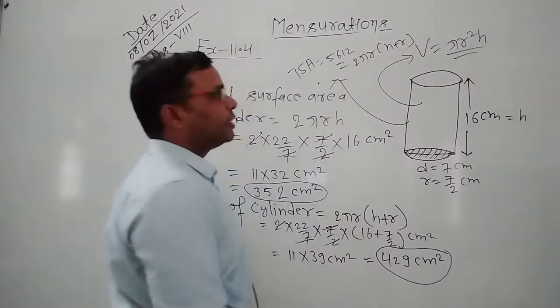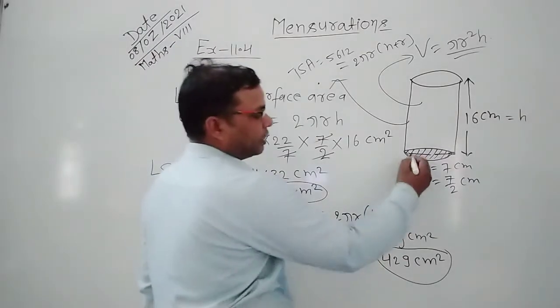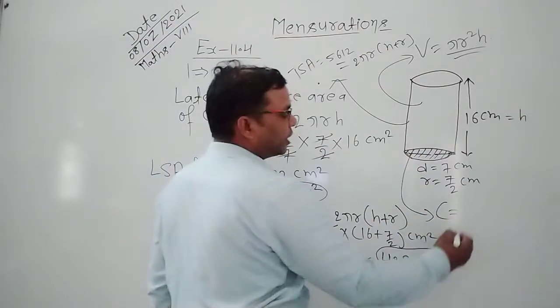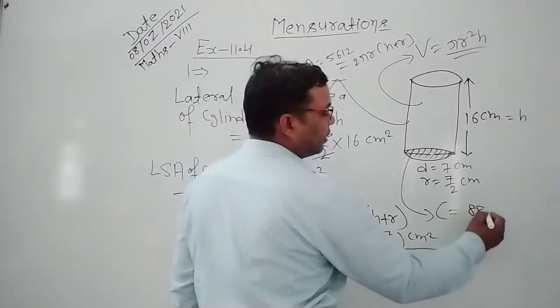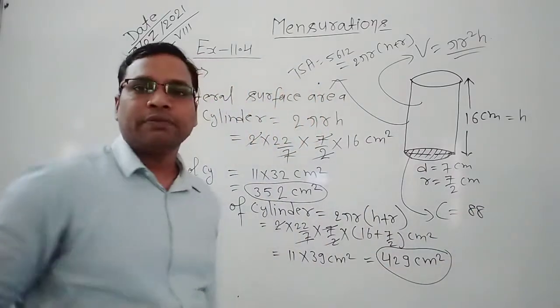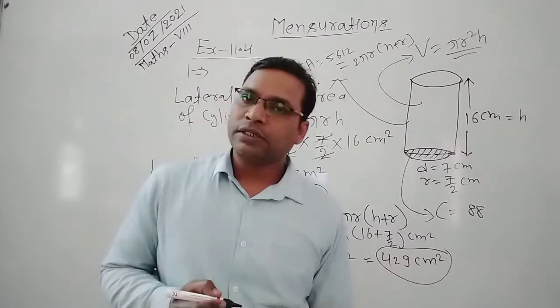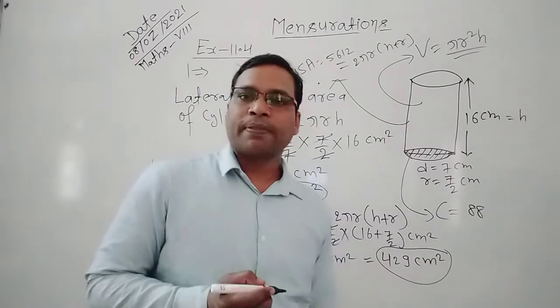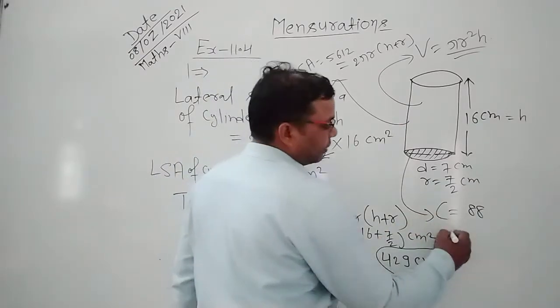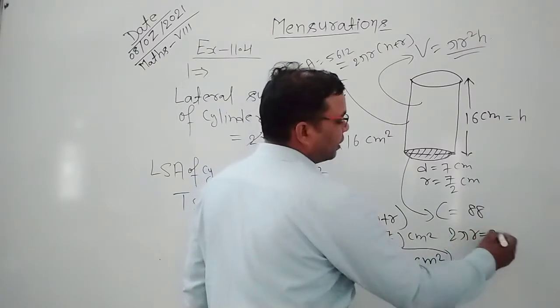And the circumference of the base is also given here, 88. But you know very well the circumference of a circular region or circle is 2 pi r. So 2 pi r is equal to 88.